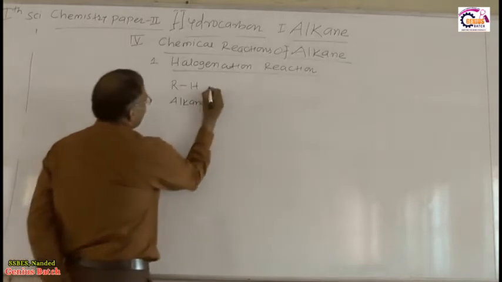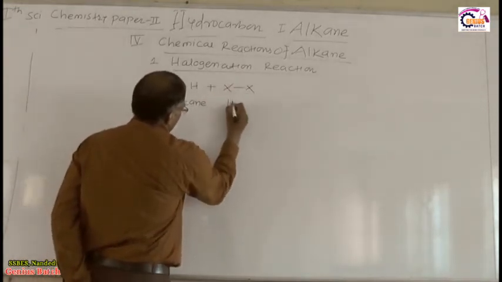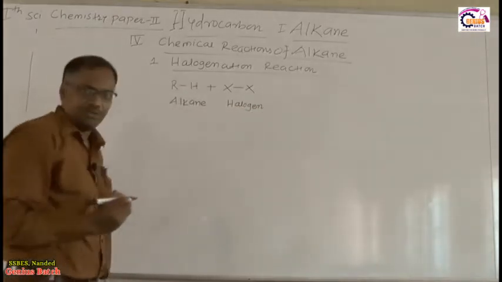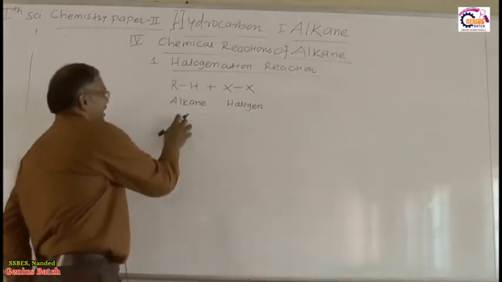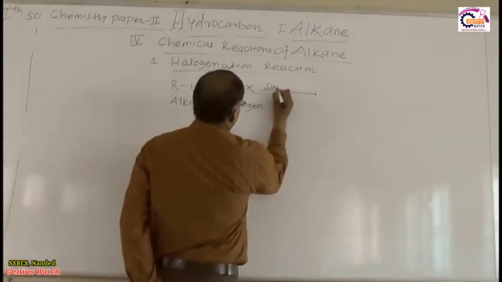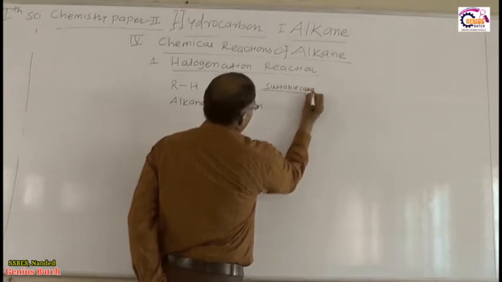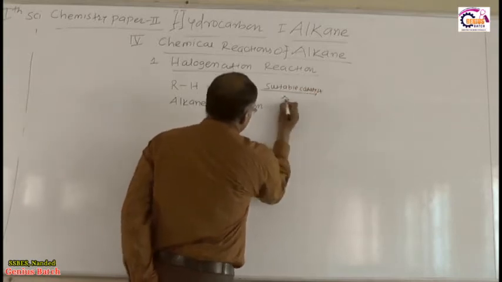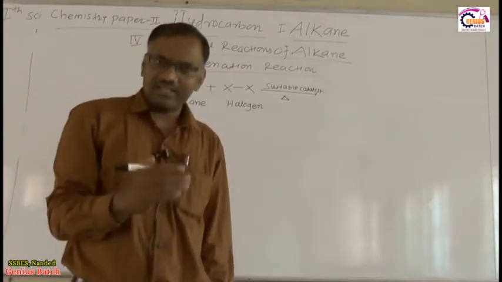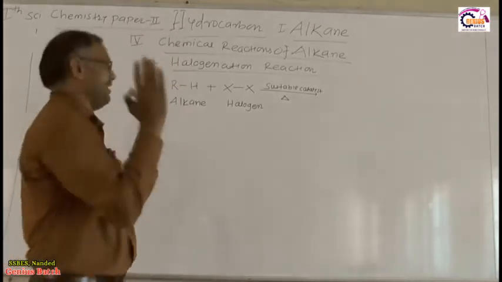When this alkane is heated with the halogen, X2, in the presence of a suitable catalyst, what is the general reaction? That we will see, and then how halogenation is to be defined.